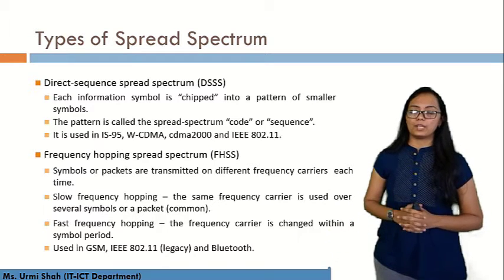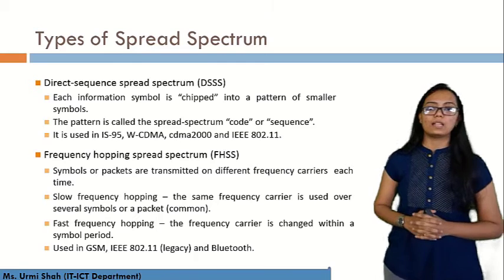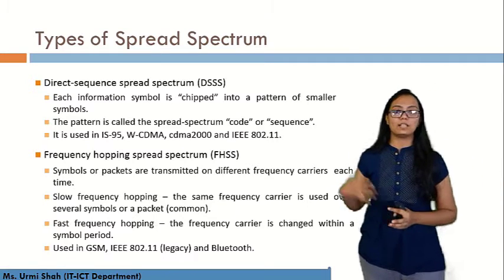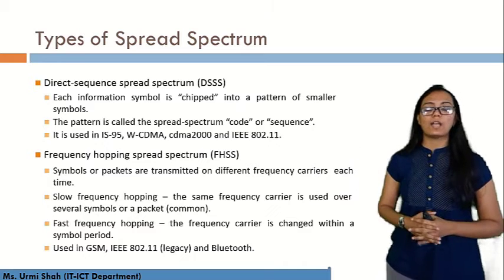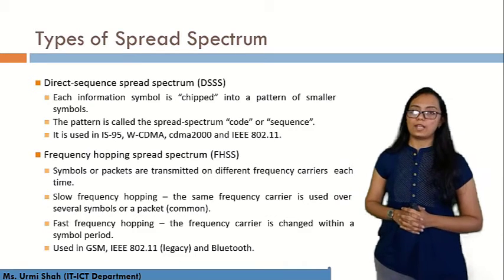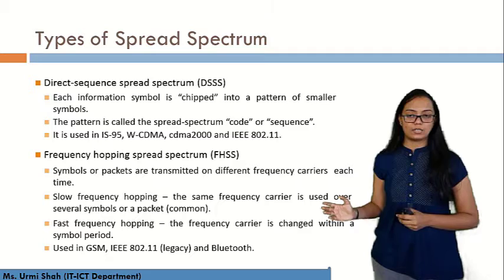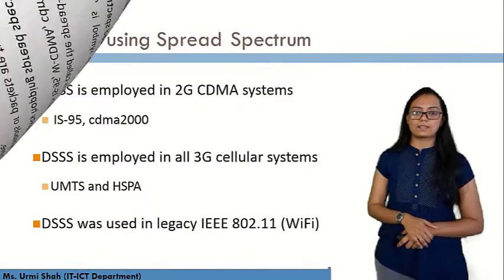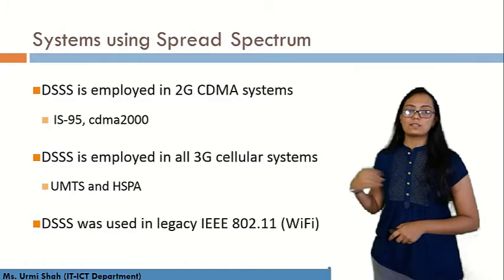In fast frequency hopping, the frequency carrier is changed within a symbol period. It is used in GSM, IEEE 802.11 (the legacy has been continued), and in Bluetooth technology as well. So these are the applications, and this is what DSSS and FHSS are all about.